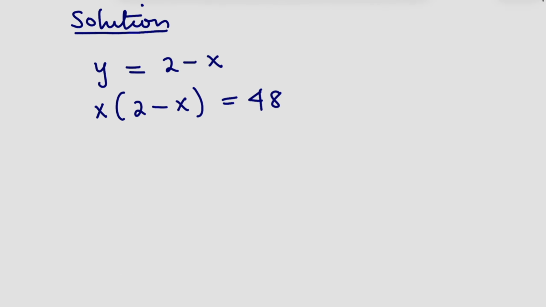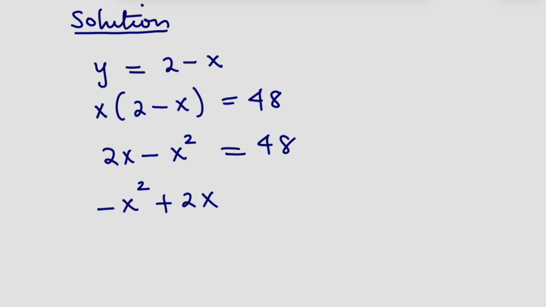Let us expand this bracket. We have 2x minus x squared is equal to 48. This is saying negative x squared plus 2x. Then if I transfer 48 to the left hand side, I'll have minus 48 is equal to 0.